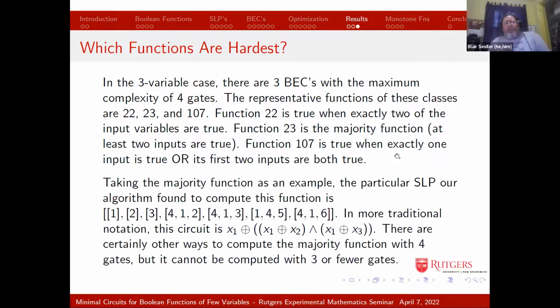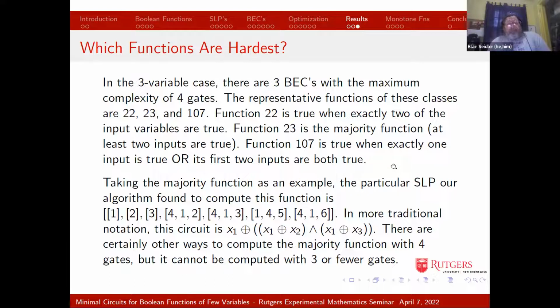If you look at the majority function, the particular program that my algorithm found is this string of Maple code, which nobody wants to look at. So I've translated it into human below that. Take the first 2 inputs, XOR them, take the first and third inputs, XOR those, and the result XOR with X1. There are other ways to compute the majority function with 4 gates, but you can't do it with 3. That was the point.